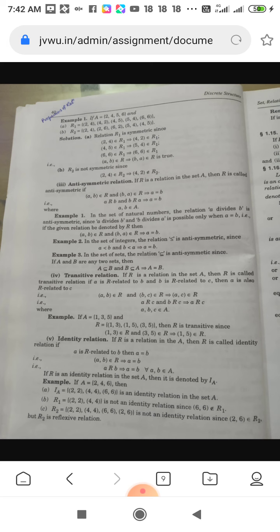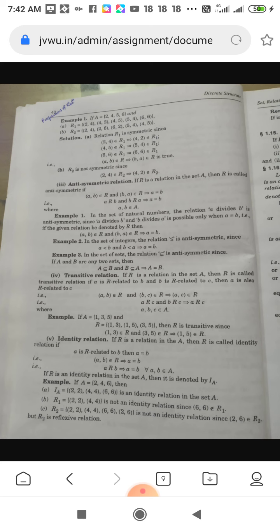For example, set A has elements 2, 4, 6. Then I_A is equal to {(2,2), (4,4), (6,6)}, which is an identity relation in the set A.